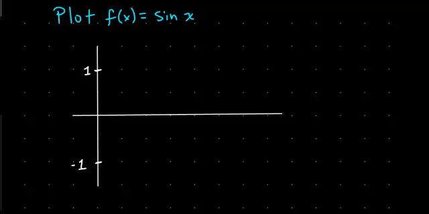And let's mark our increments on the x-axis in increments of pi over 4. So that's 1 pi over 4, 2 pi over 4, 3 pi over 4, 4 pi over 4, which is pi, 5 pi over 4, 6 pi over 4, 7 pi over 4, and let's extend it out, 8 pi over 4, which is 2 pi.